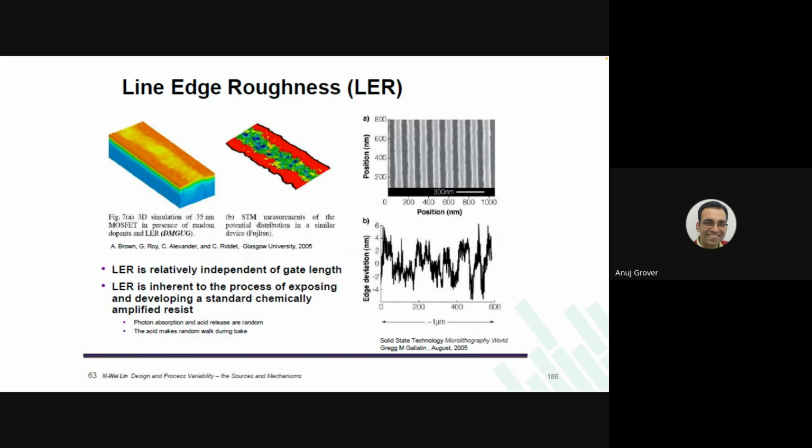The line edge roughness only depends on the anisotropic behavior. So if we take the example of, suppose, single crystal silicon or gallium arsenide, then line edge roughness won't have any impact. Okay, let's look at it. We are talking about poly. When we are fabricating the gate, we're using poly gate there. And that poly is polycrystalline.